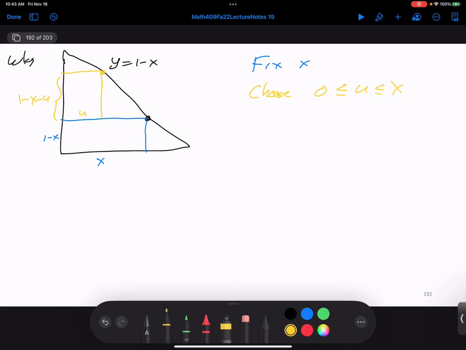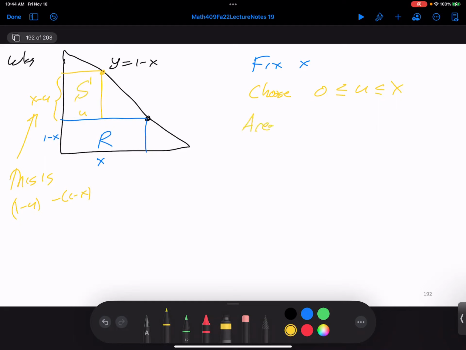The whole thing is 1 minus u if we go all the way down, but we're subtracting 1 minus x. So is it just x minus u? I get x minus u, is that correct? So this is 1 minus u minus (1 minus x). So here's R, here's S.